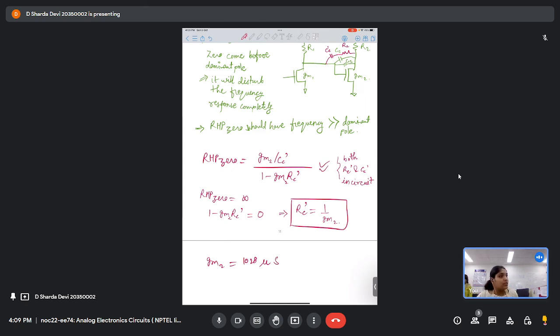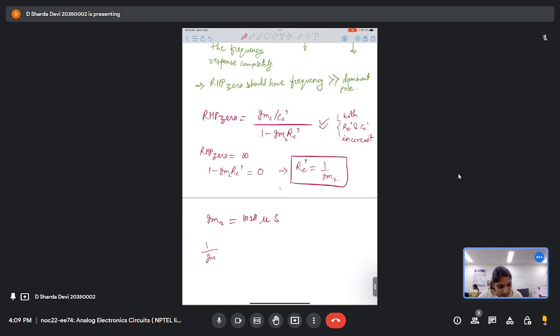So since Gm2 is 1028 microsiemens, 1 by Gm2 turns out to be 972.762 ohms.